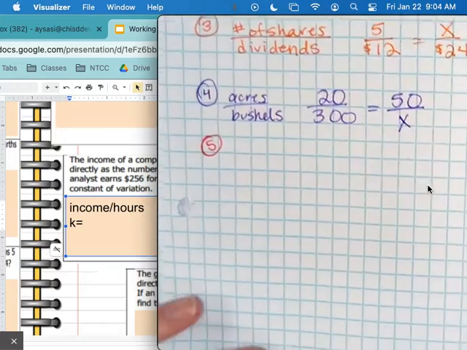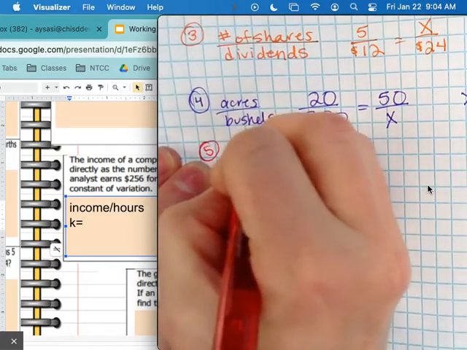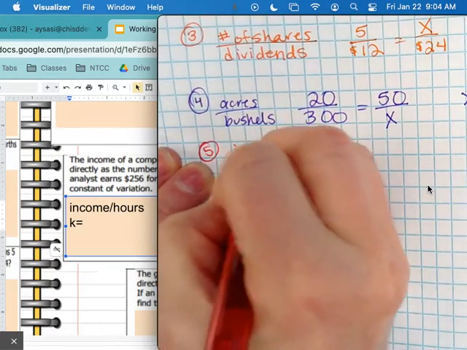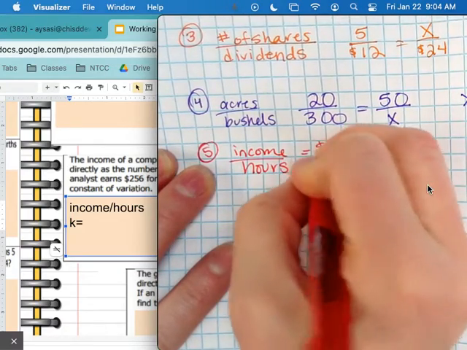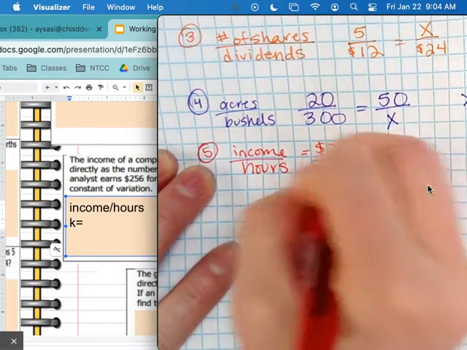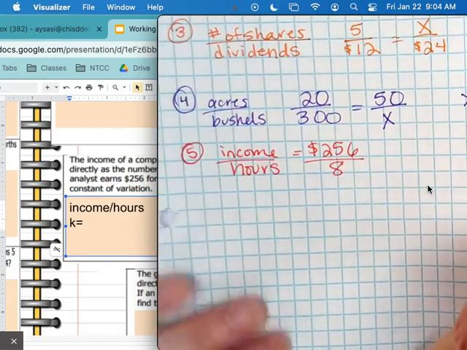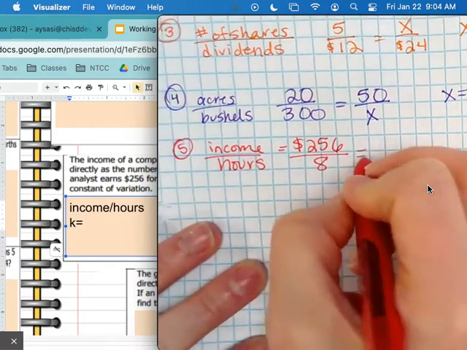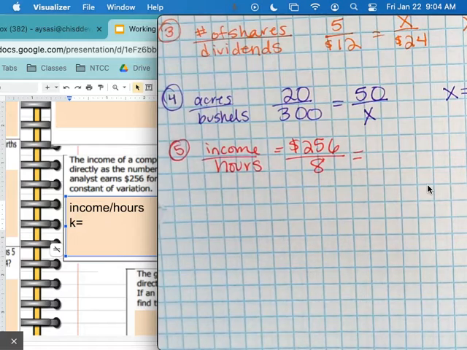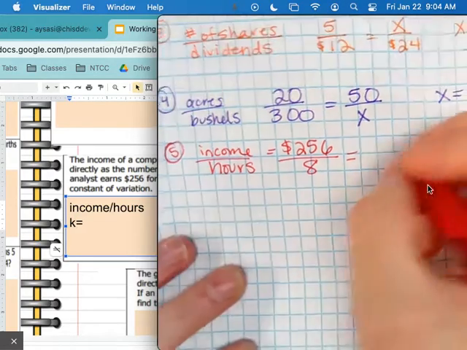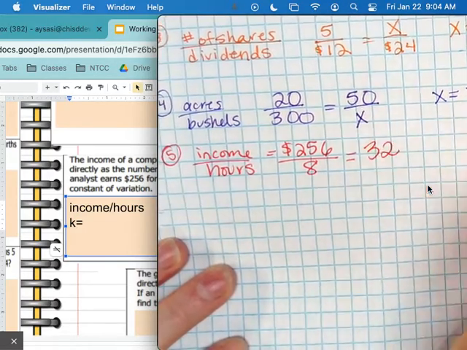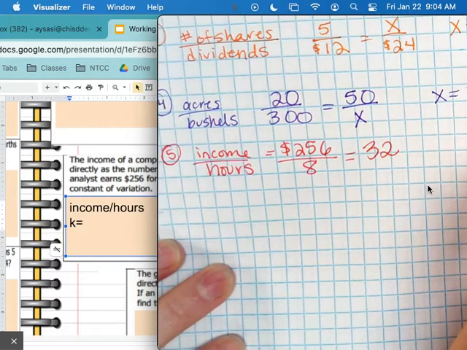So let's write on our paper. Income over hours, which is $256 for 8 hours. So our constant of variation will be found by simplifying this or dividing this. So 256 divided by 8. 32. So what does that mean exactly?